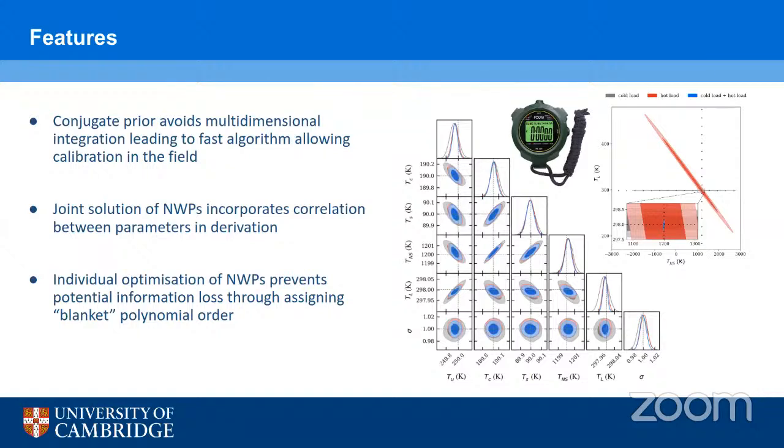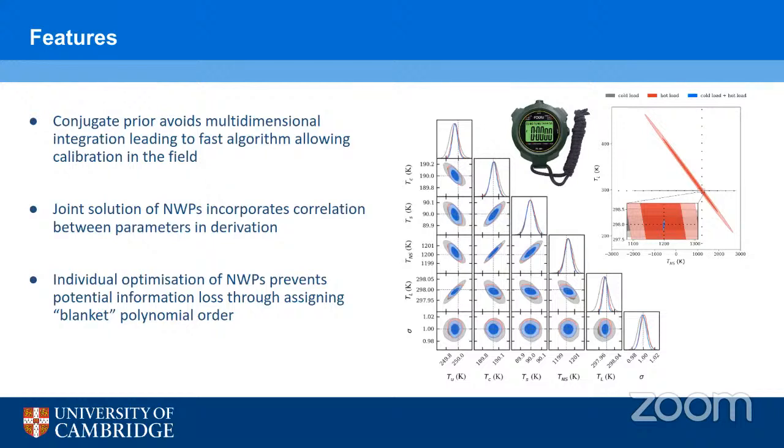Another feature of our pipeline is the joint solution of noise wave parameters that incorporates possible correlations between these parameters in the derivation. On the far right, we see the posterior distributions for two noise wave parameters, T_NS and T_L. This gray horizontal sliver is the posterior distribution from our calibration pipeline using only information from a single ambient temperature load.